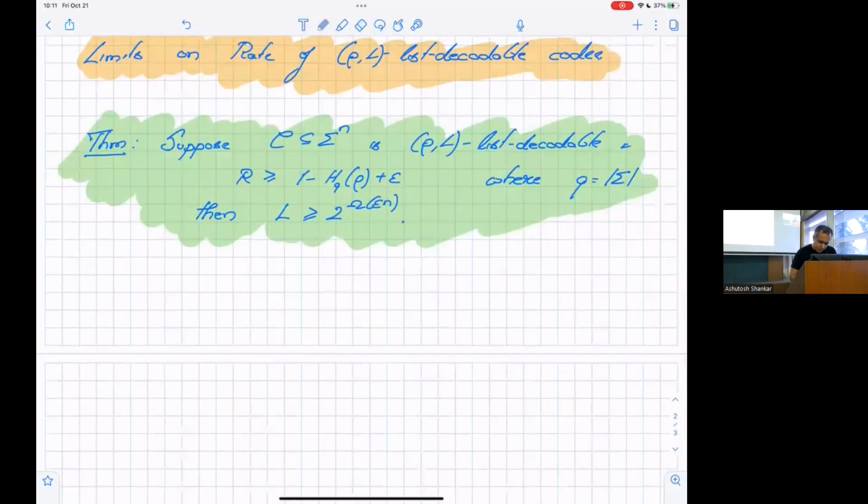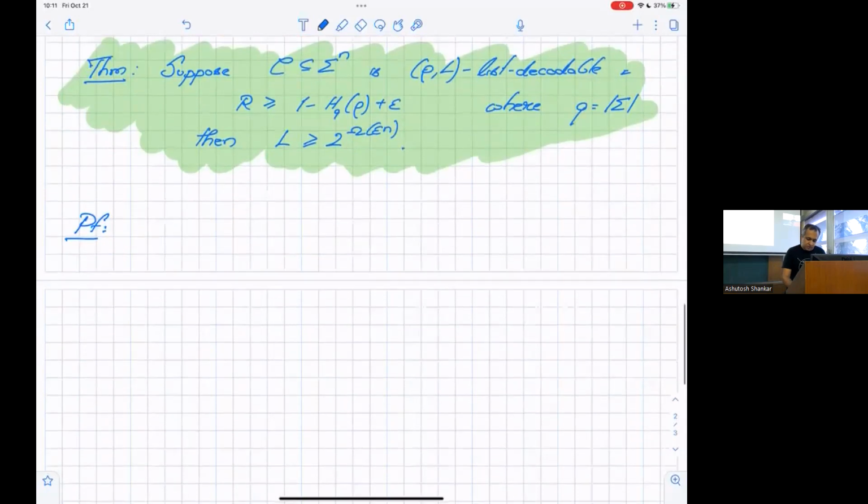The proof of this will be similar to Shannon. How would one expect to prove this? We need to show that there exists a purported word. So I'm giving you a code. This is the space Sigma^n, and these are the codewords.